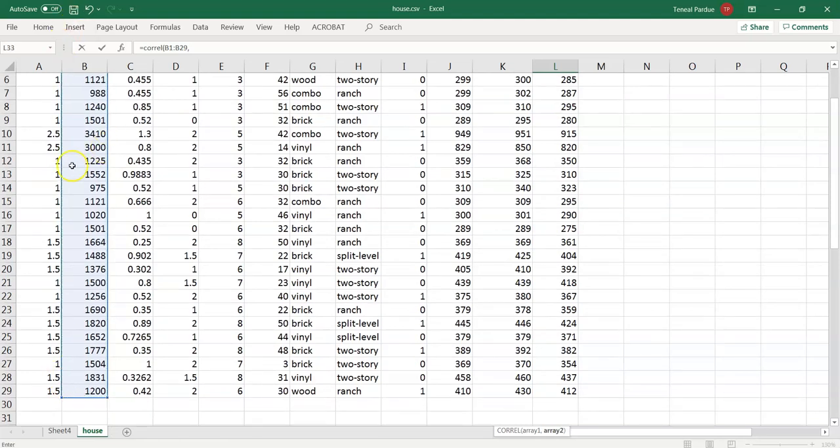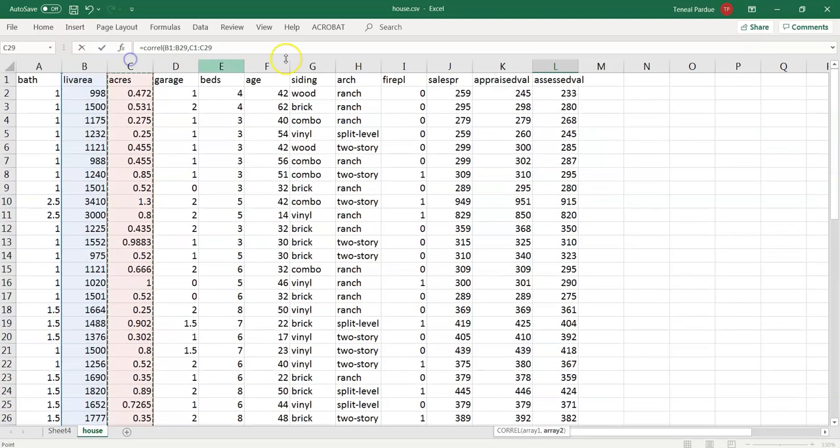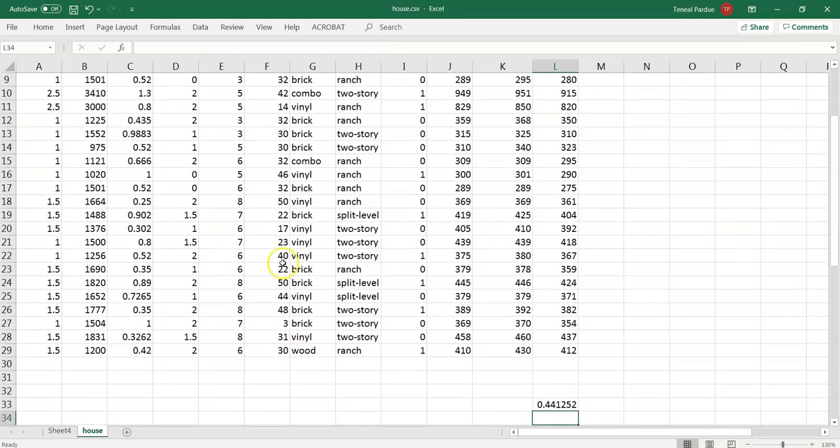So we're going to select our first column of data, comma, our second column of data, and then close our parentheses and hit enter. When we do that, we get a correlation coefficient of 0.441. Now let's talk about what that means.